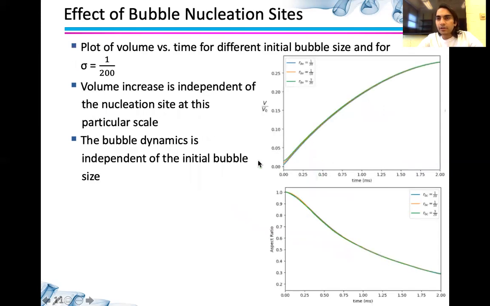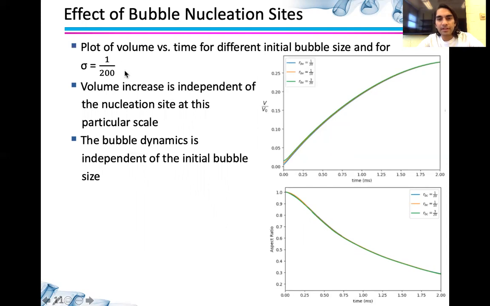Finally, we also wanted to look at the effect of the initial bubble size. So we have the initial bubble size as RBV, which is just the ratio of the radius of the bubble to the radius of the vortex. And we plot 3 different initial bubble sizes as 1/20, 1/10, and 3/20.